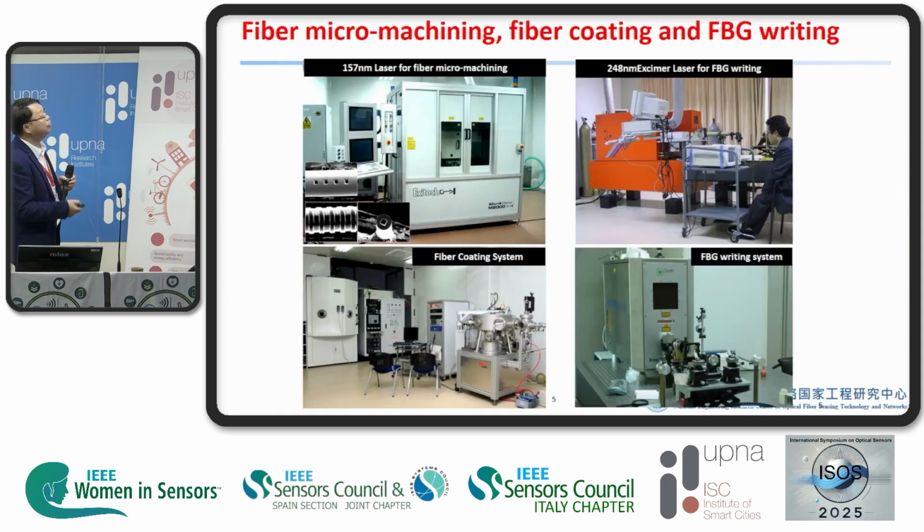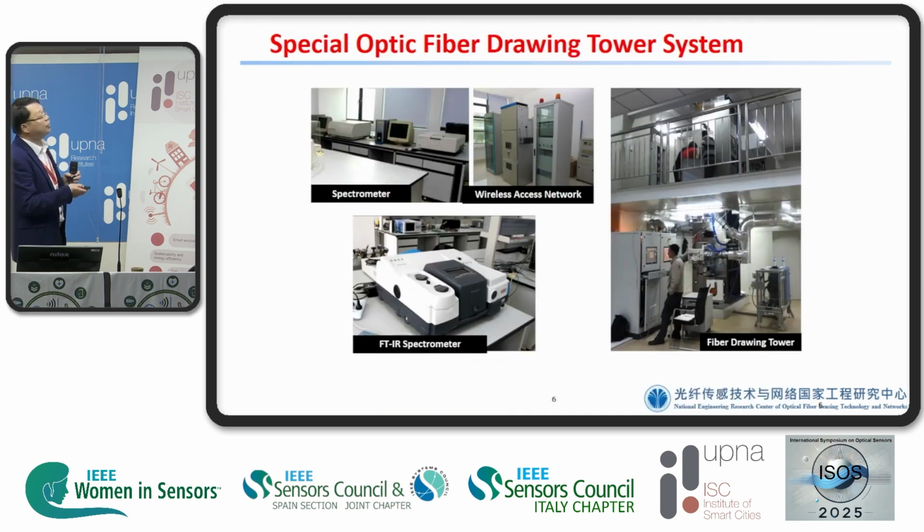In the laboratory, we have different machines for microstructuring and for FBG writing, for sure, and also coating machines. Especially, I would like to say that we have the possibility to make drawn tower gratings in our laboratory.